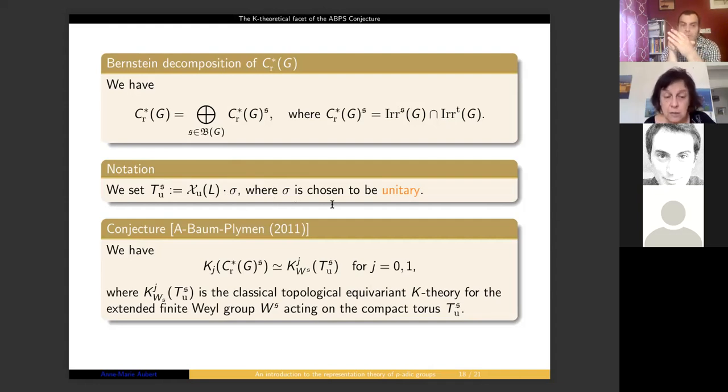So I will take sigma unitary. Then in that case, you can state the following conjecture.